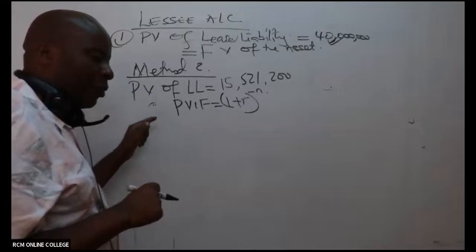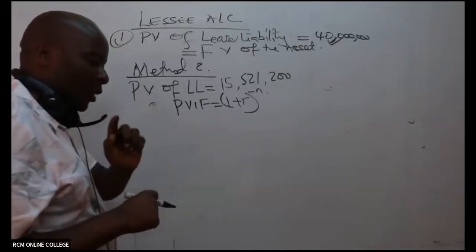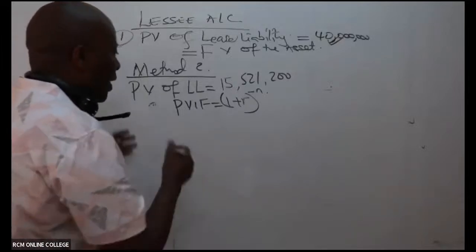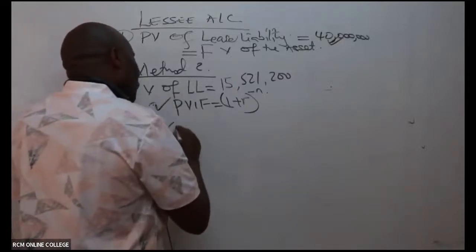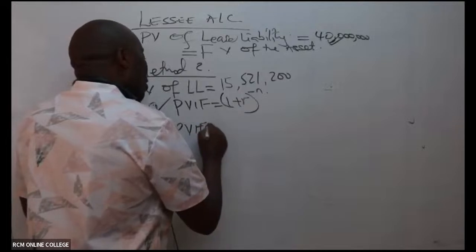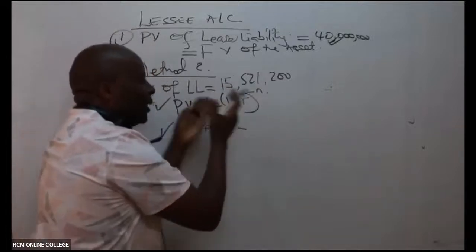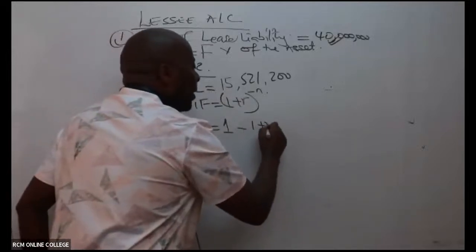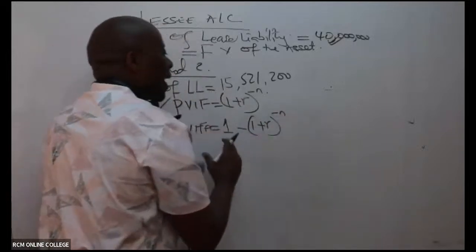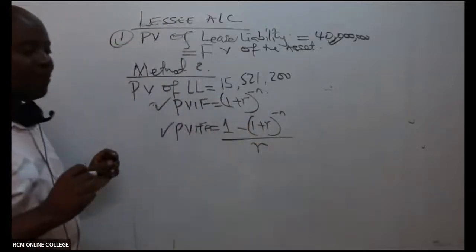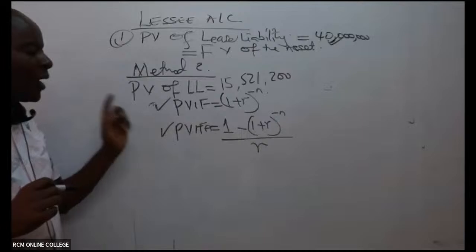It comes from that high school formula, amount equals principal into something. And then whenever we see PVFA, we normally take 1 minus 1 plus R raised to negative N, and then everything to be divided by R.